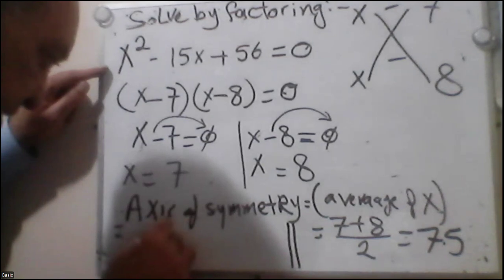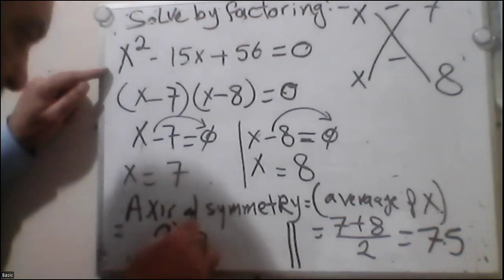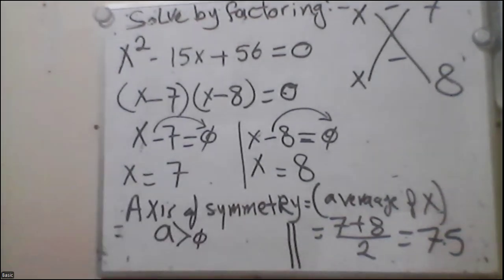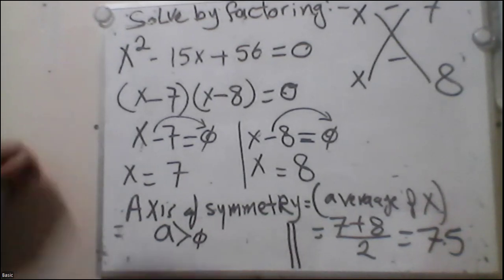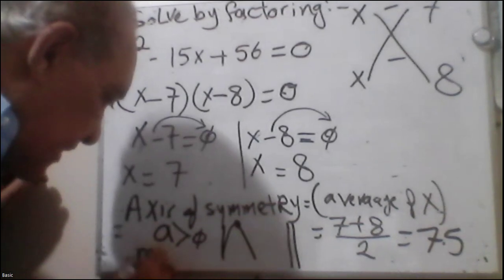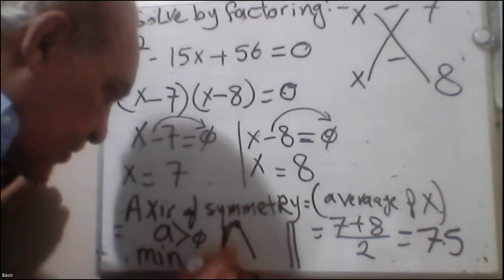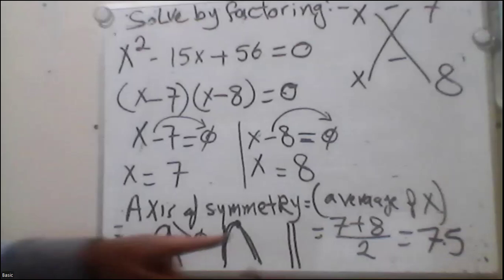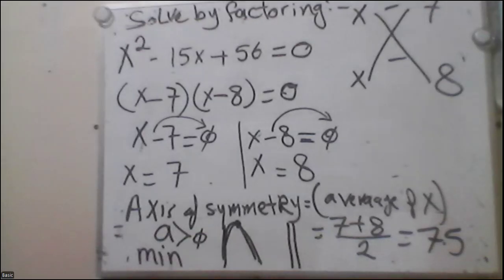Since a is greater than 0, the point which I need here will be the minimum, because the curve will be this way. That's for the moment, the things which we need to know.